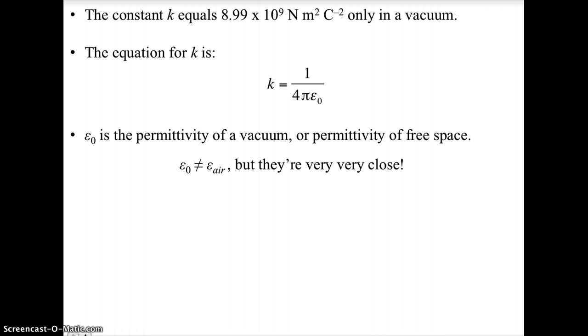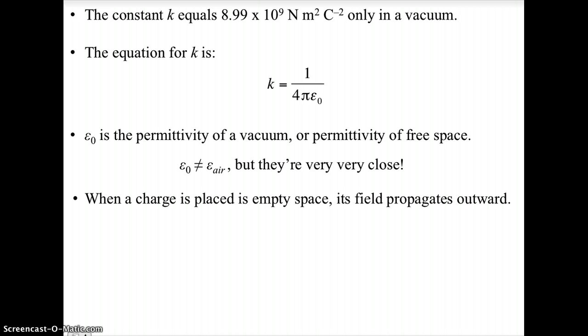Now, the permittivity of free space isn't exactly equal to the permittivity of air, but the two values are very, very close. So whenever we're dealing with problems involving charges placed in air, we can use this value of K and get a very accurate answer.